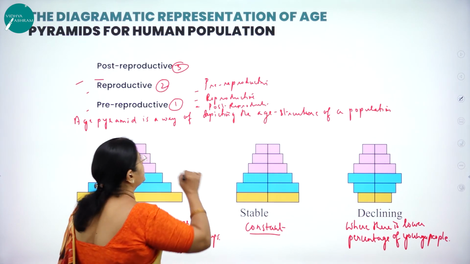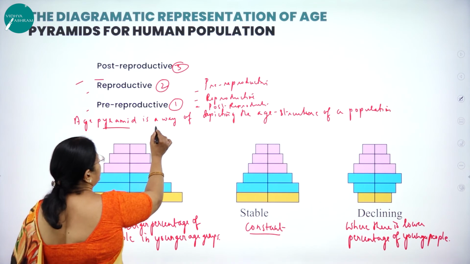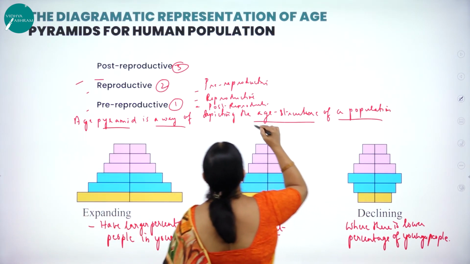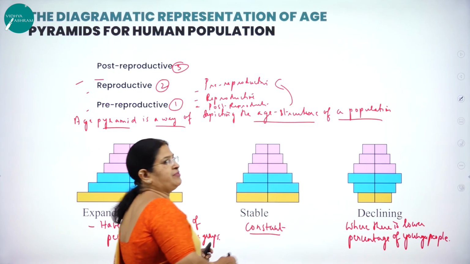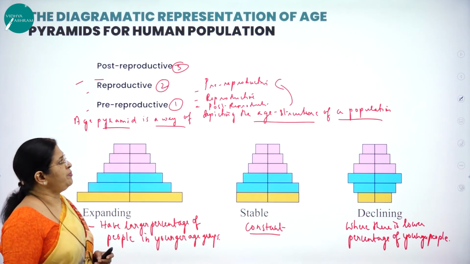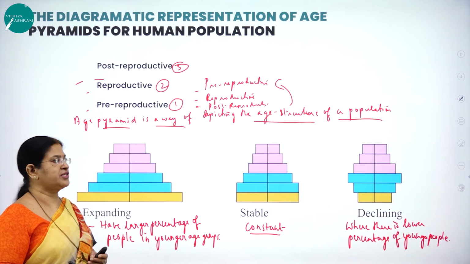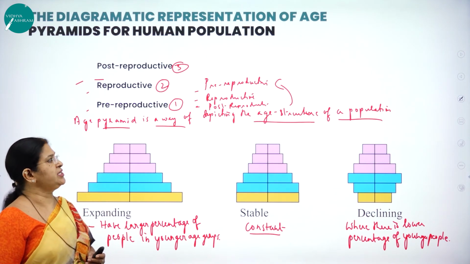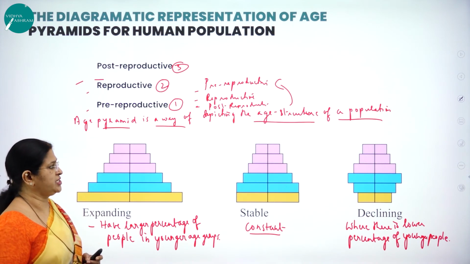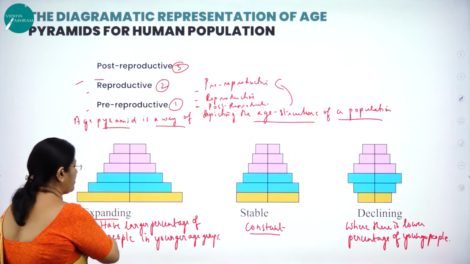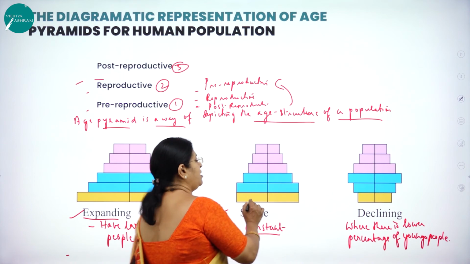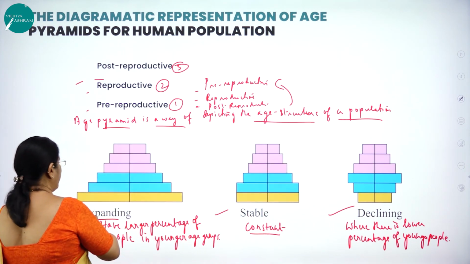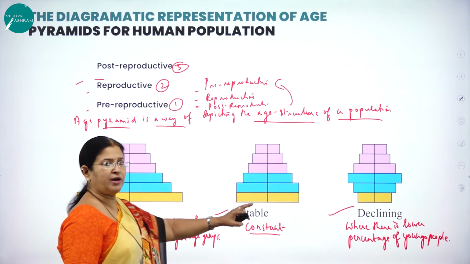So what is an age pyramid? Age pyramid is a way of depicting the age structure of a population, which will depict these 3 structures, which might be expanding, stable, or declining.